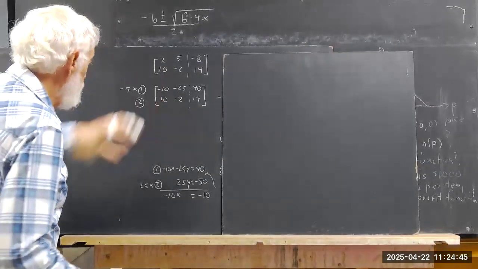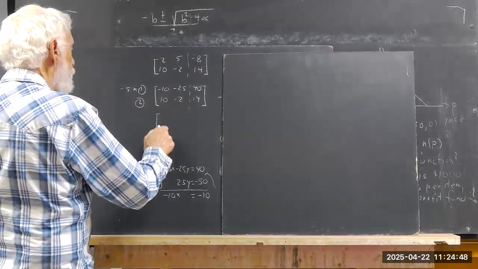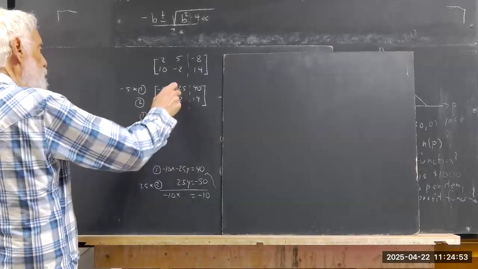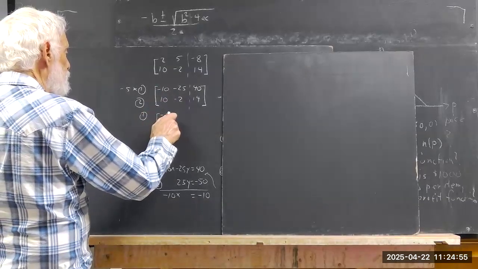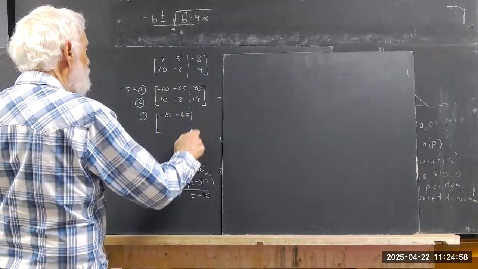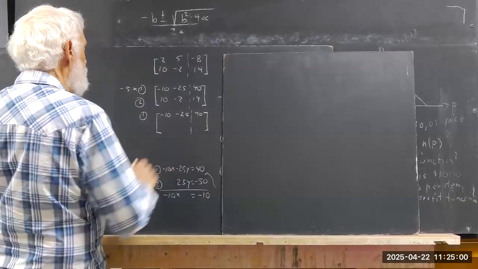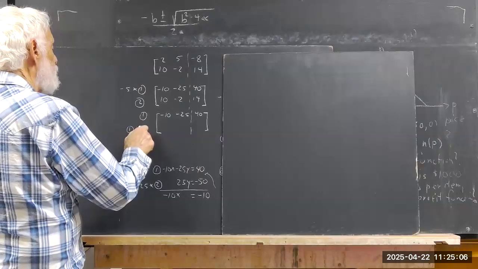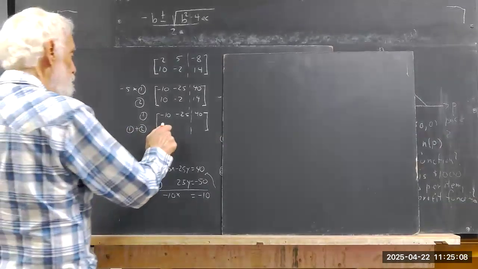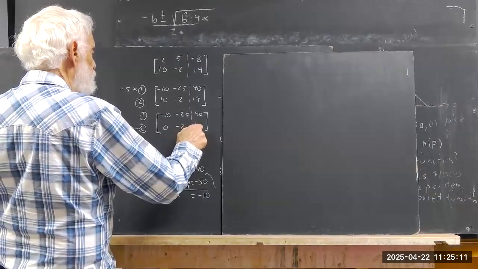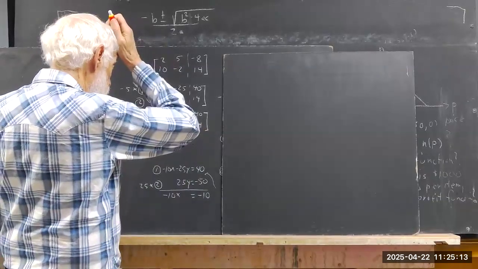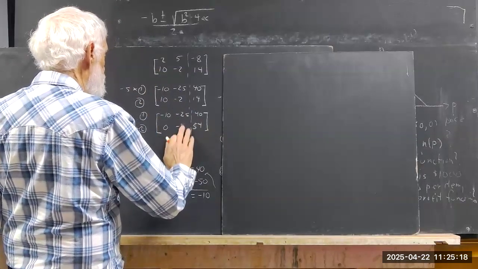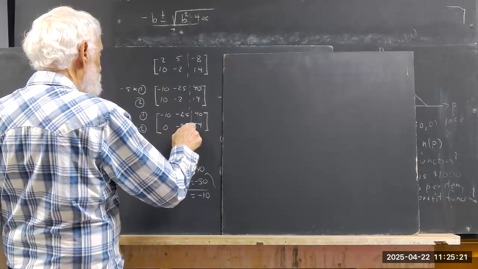So now I can see that these two are going to add up to give me 0. So I'm going to write down equation 1 again. Remember equation 1 refers back to the last step. That's where I have -10, -25, and 40. And in the second step, I have equation 1. In the second row, I have equation 1 plus equation 2, which is 0, -2, 14. It's not 14, 54. And it's not -2, it's -27.